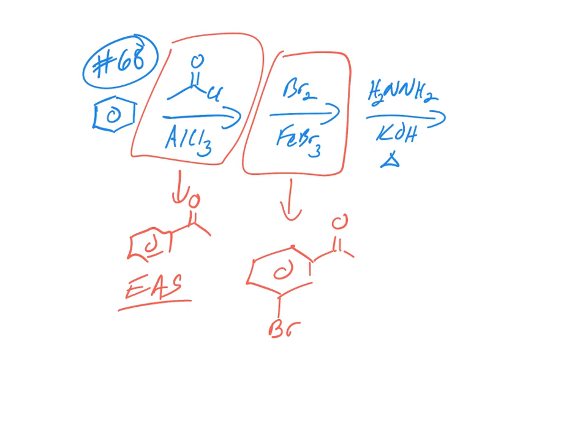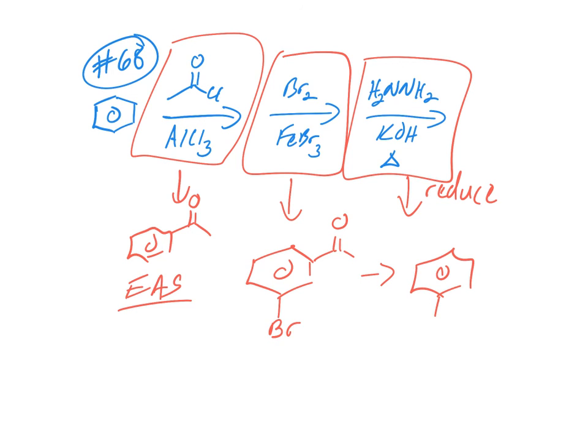This is basically an electrophilic aromatic substitution problem. So now you're here. And then what does this last reagent do? Who remembers? It reduces. It's the Wolff-Kishner, and it turns the ketone just into a CH2.